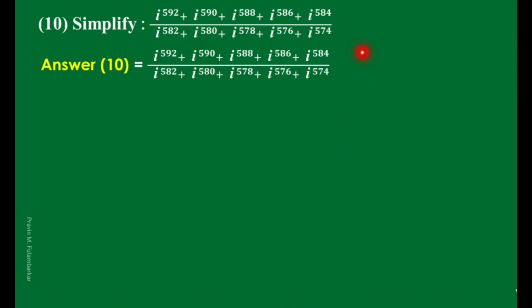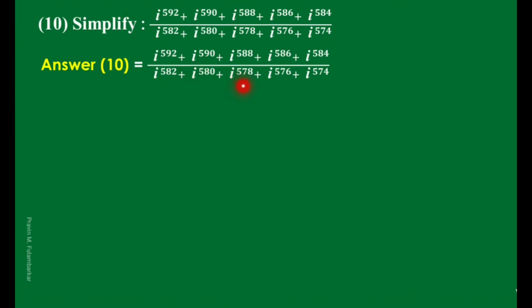Now observe the numerator. Here i raised to the power 592, which is 10 more than 582. That means if we add in 582 10, we get 592. When we add 10 in 580, we get 590.